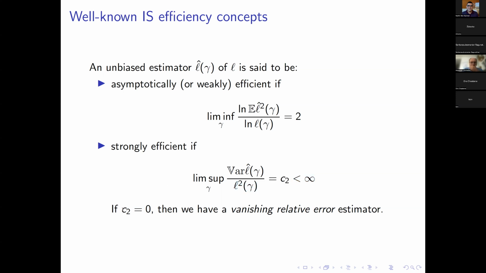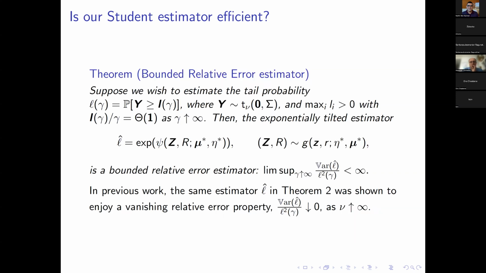And if we're lucky enough, this constant here, C2, can be 0, in which case we have an even stronger condition, which is a vanishing relative error estimator. That's the best we can hope for. So our estimator, under certain conditions, is a bounded relative error estimator.